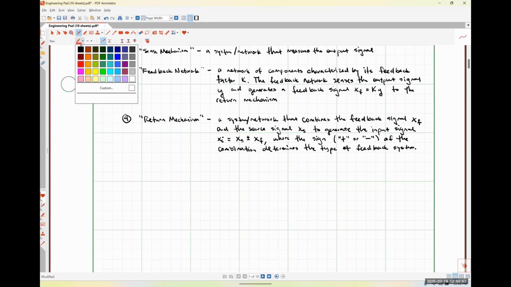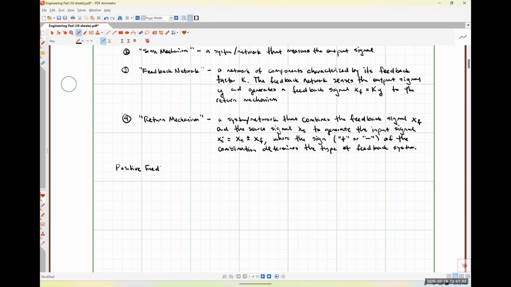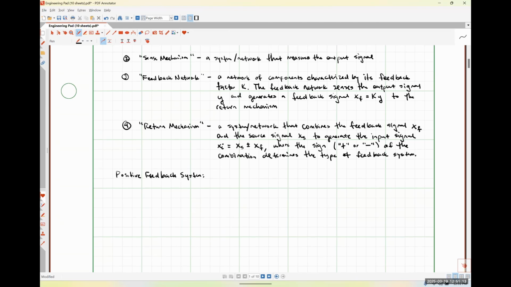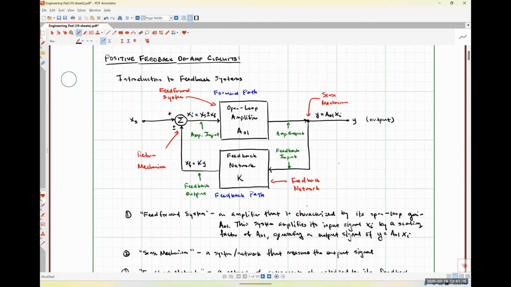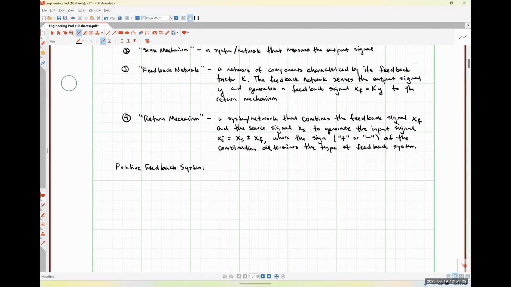So for a positive feedback system, we can see pretty easily that y is still going to be equal to AOL times x sub I. So I'm going to write that down first.